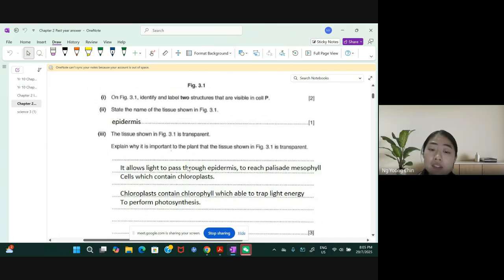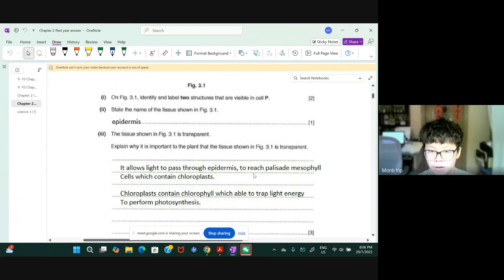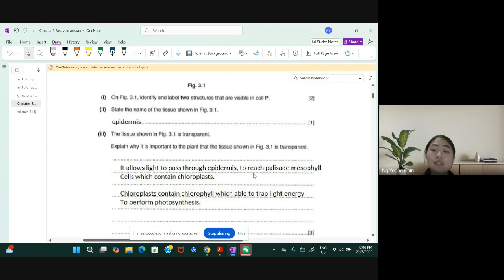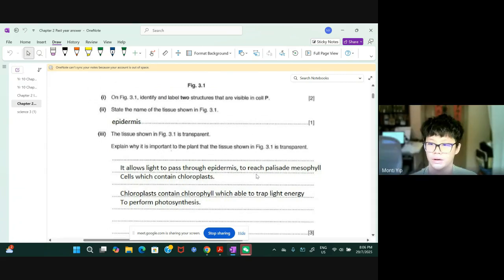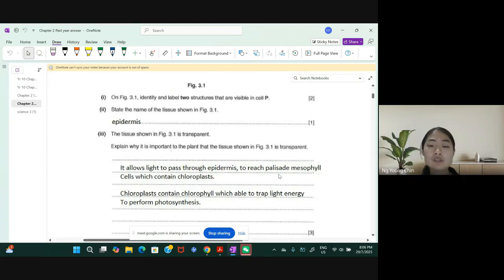You should answer that the reason it's transparent is so that light can reach the palisade cells containing chloroplast in a faster way, because of the shorter distance. That's why the palisade cells need to be located under the epidermis, so they can absorb more light energy.